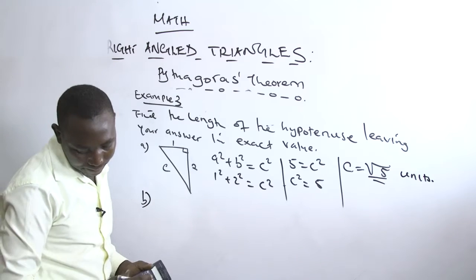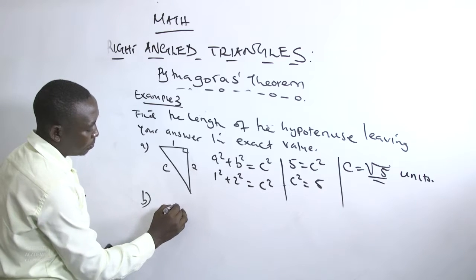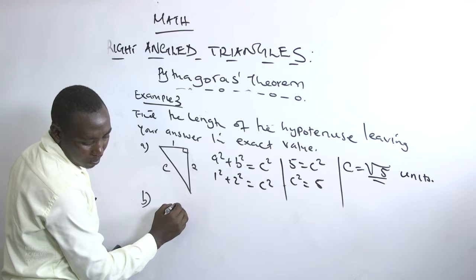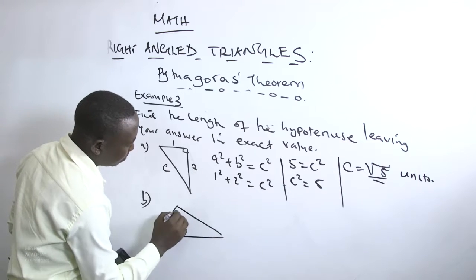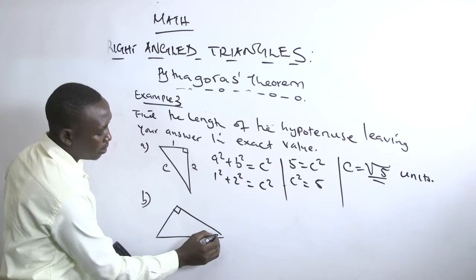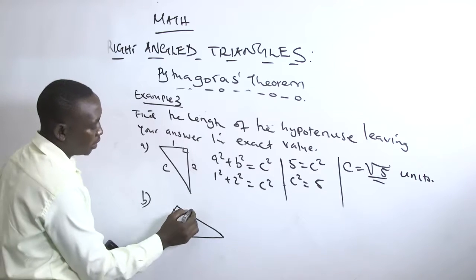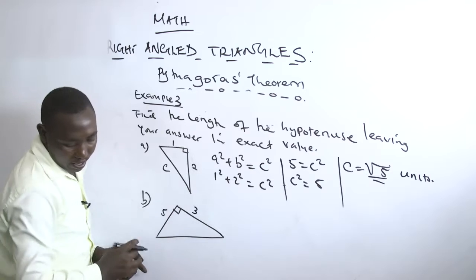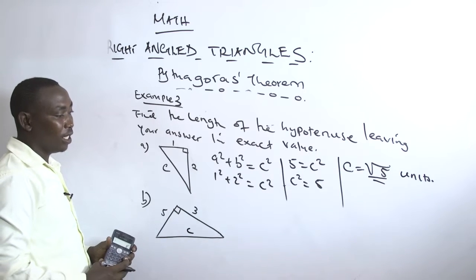Part B, we have that this is the longer side, these are the two shorter sides. We are told that that is 3 and this other one is 5 units, then the longer side is c.